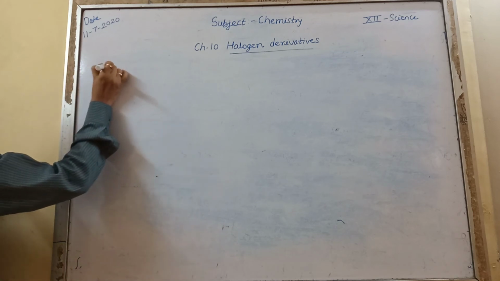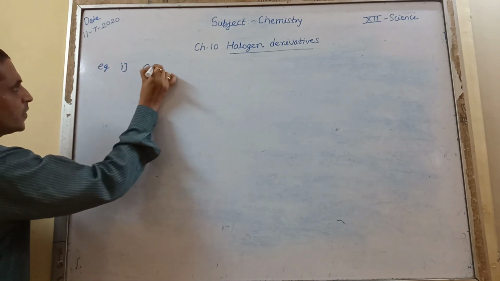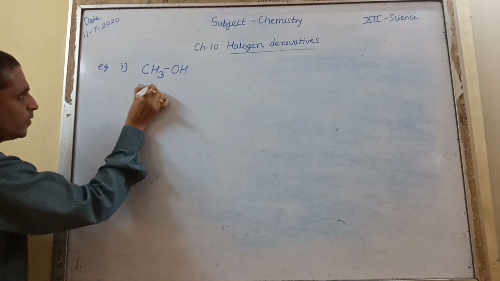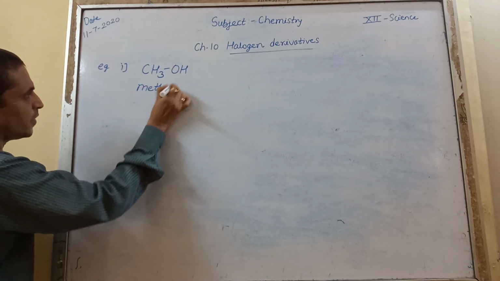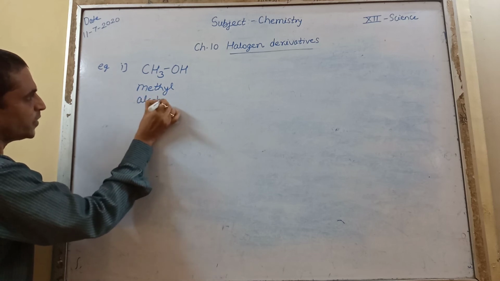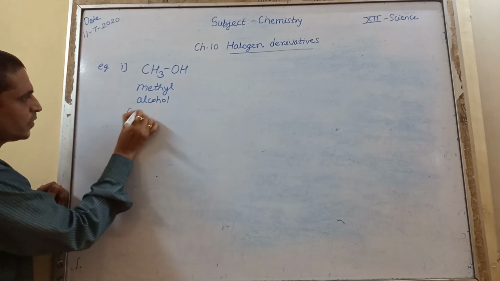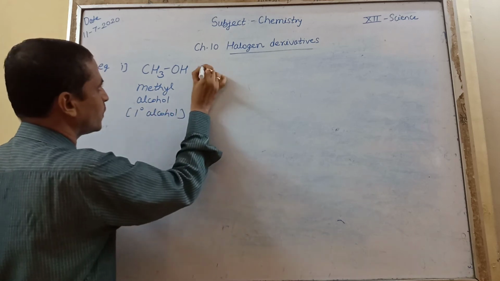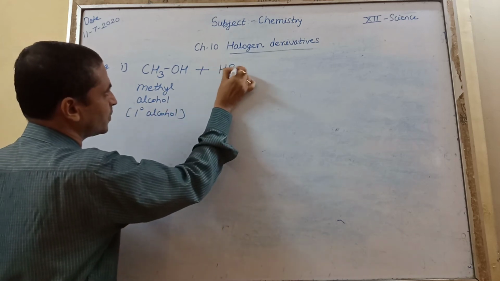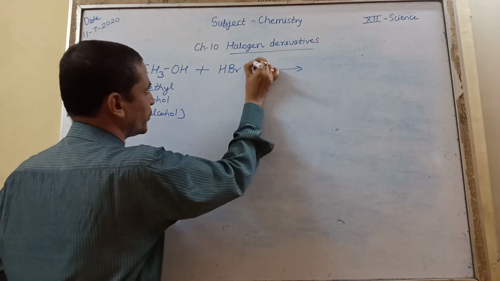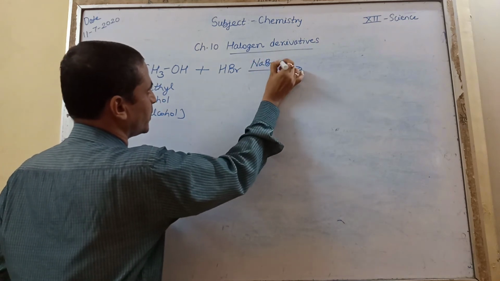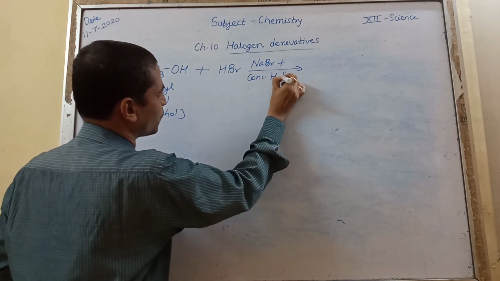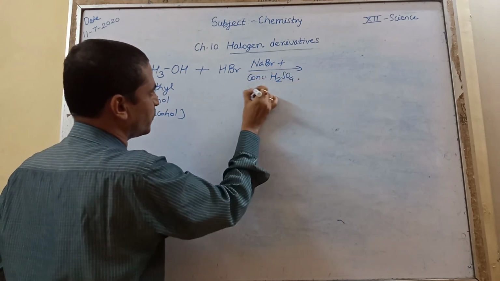Now see the examples. First, easy, CH3OH, that is methyl alcohol, which is also called methanol. It is a primary alcohol, less reactive, so we require strong conditions. Here put HBr. Here we will take NaBr plus concentrated H2SO4 as well as reflux.